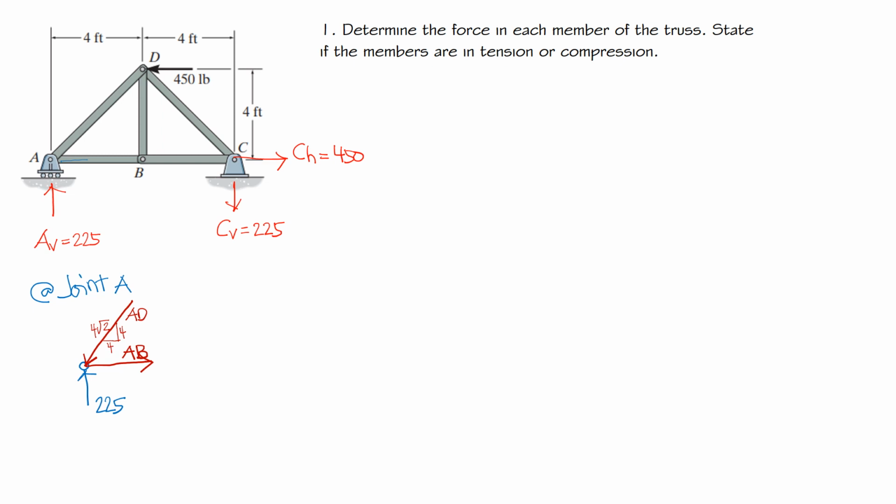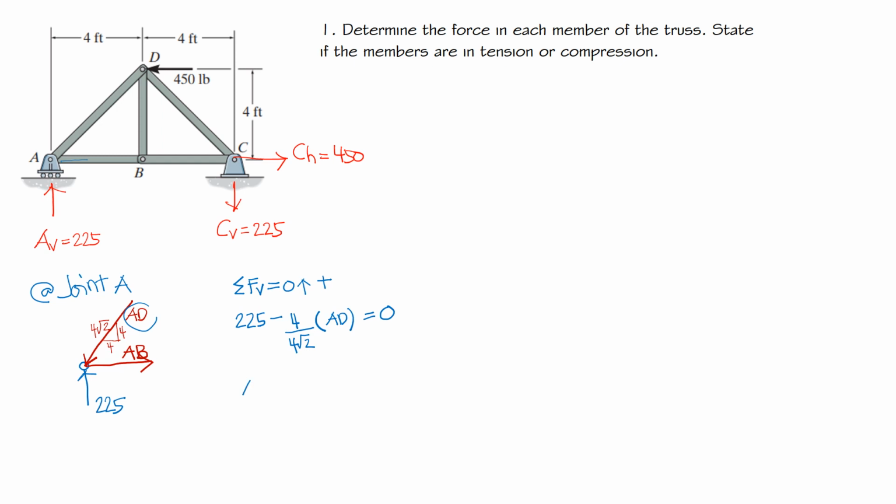So we can start. Summation of forces vertical is equal to 0, setting going up as positive. What are the forces involved? This one and this one. 225 is going up, so it's positive, minus, because force AD is going down. So break it down into its vertical component. That becomes the slope 4 over 4 square root of 2 multiplied by member AD is equal to 0.